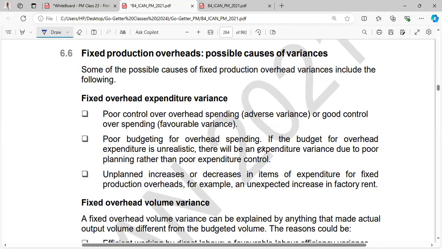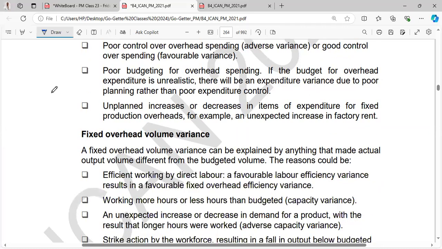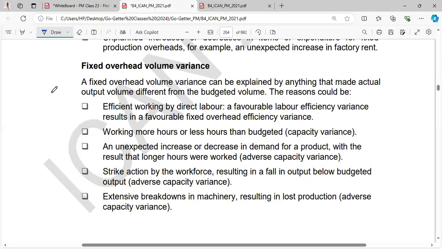Unplanned increases or decreases in items of fixed production overhead, for example an increase in rent. Maybe cement is costing far more than what we expected, and we have an unplanned increase. Then fixed overhead volume: we have efficient working by direct labor.